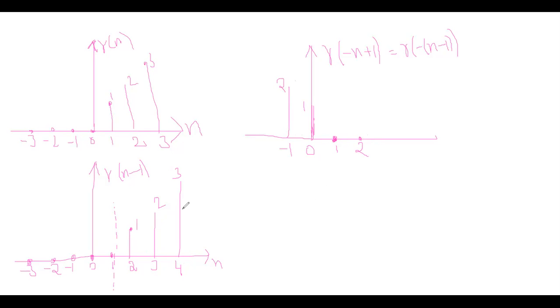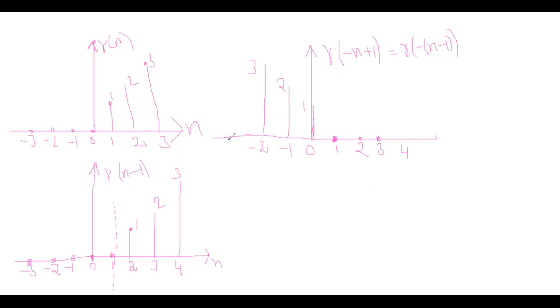And the 4 value appears at the minus 2, 3, and this value is a 0. Means the folding occurs at the 1. So 2 value will appear at the 0, 3 value appears at the minus 1, and 4 value appears at minus 2, not minus 3, minus 2.